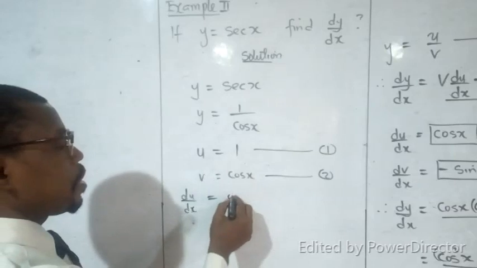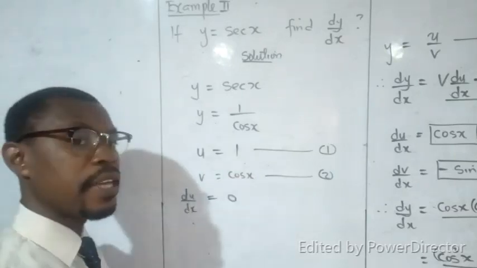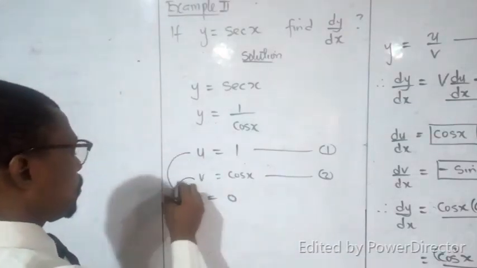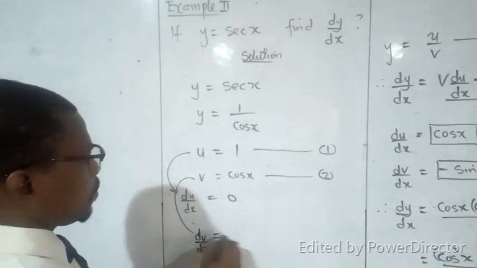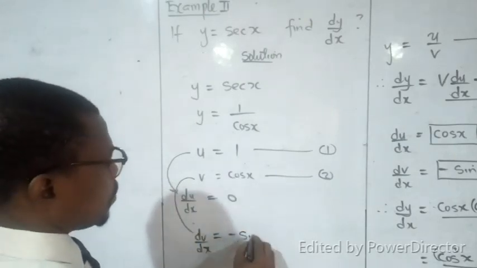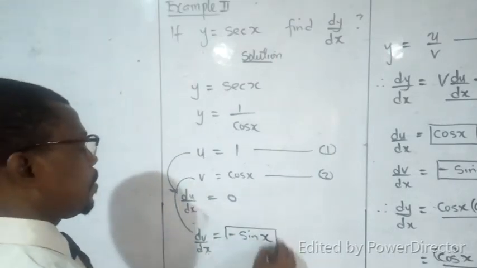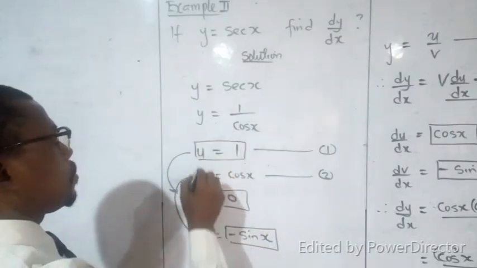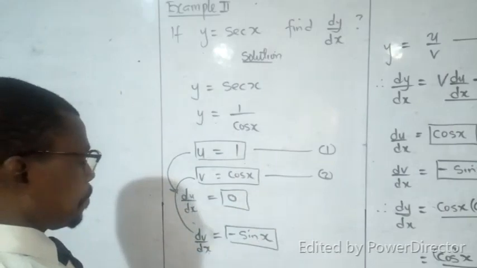When you differentiate a number without x is 0. In other words, when you differentiate a constant is 0. Then this dv dx is minus sine x. So I have this, I have this, I have this. These are the 4 variables in the formula.